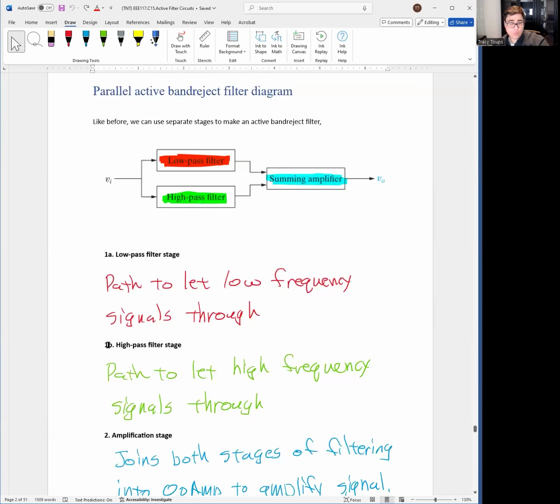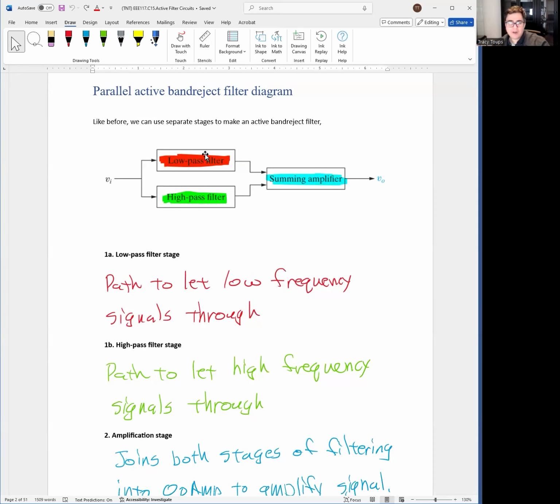The high pass filter is called the 1B stage because it lets the high frequencies through. And the reason why we do 1A and 1B is because technically the signal hits both of them at the same time. So it's literally a single stage. Previously, we had 3 stages, 1, 2, 3, because there were 3 separate points where the signal hits. But here, technically, the signal hits both at the same time. So we kind of just say 1A and 1B.